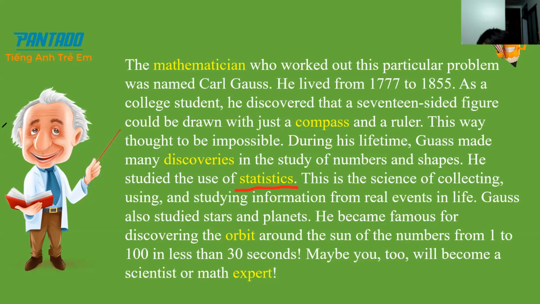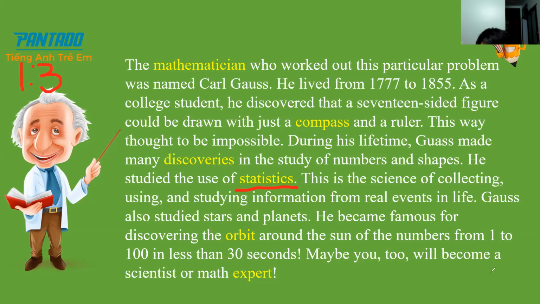Do you know what statistics is? For example, one apple should be shared among three students. So that is 1:3. One apple is to three students. Now, this is the science of collecting, using, and studying information from real events in life, and that is statistics.